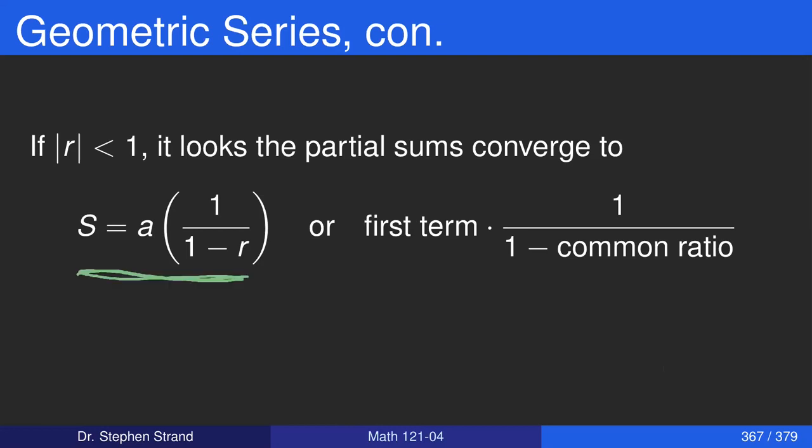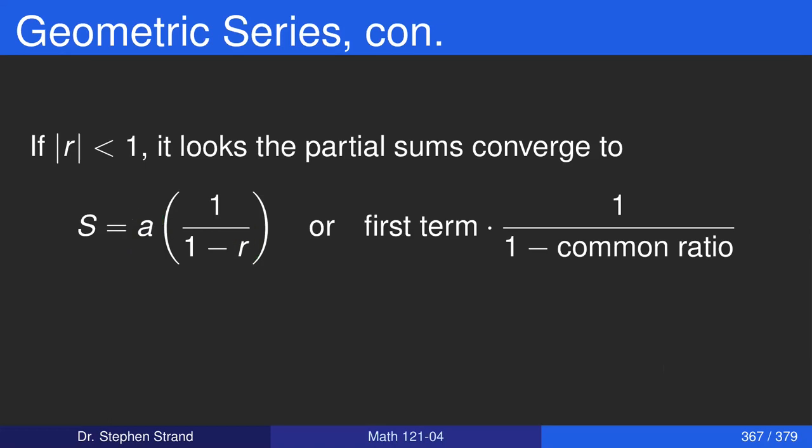Like the entire series will converge to this value. That's what the limit of the partial sums is. And one way that I remember that is a is always just whatever the first term of the series is, and then the rest of the series will converge to 1 over 1 minus whatever the common ratio is. So we call the first term a, and we call the common ratio little r, generally, when we use these formulas. So that's what that means.